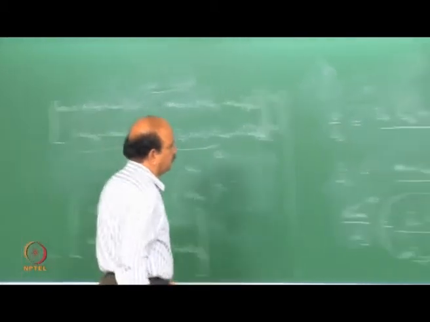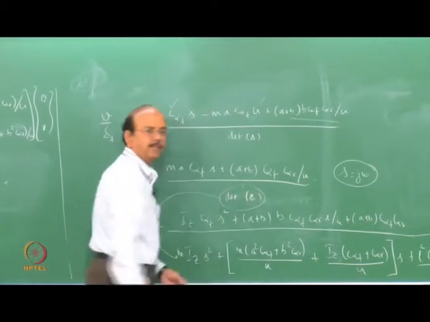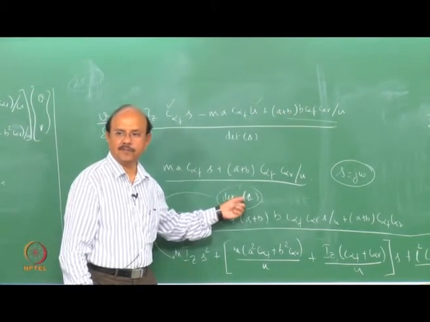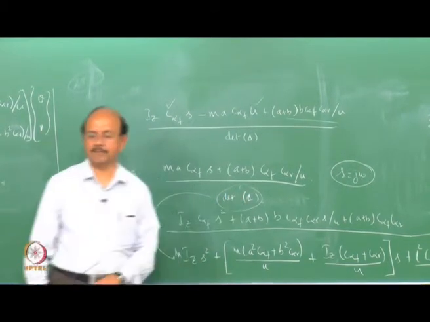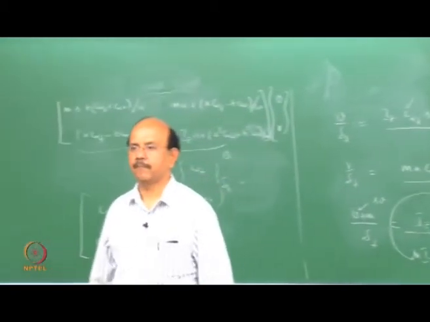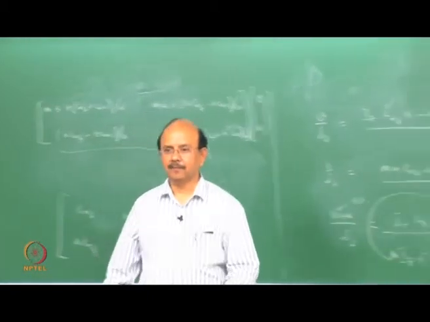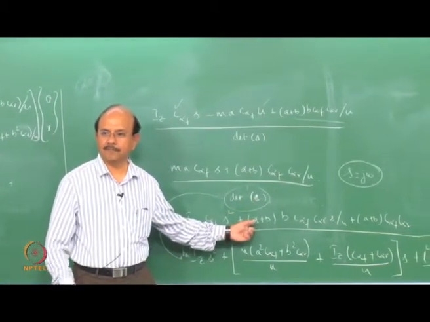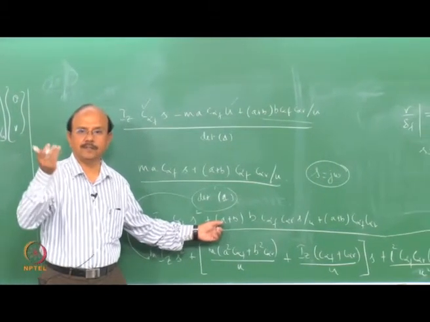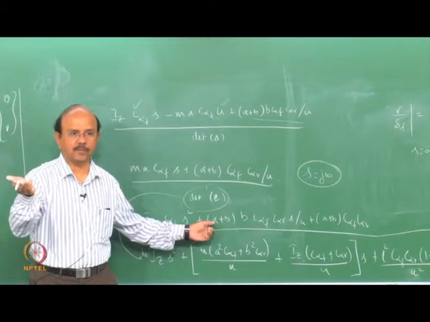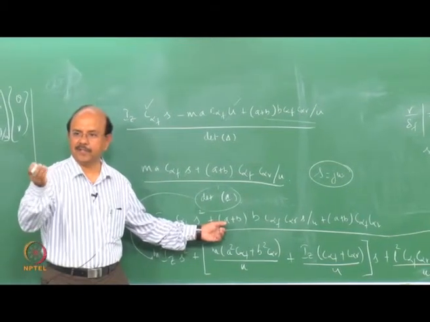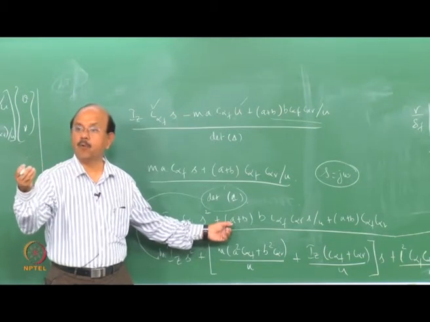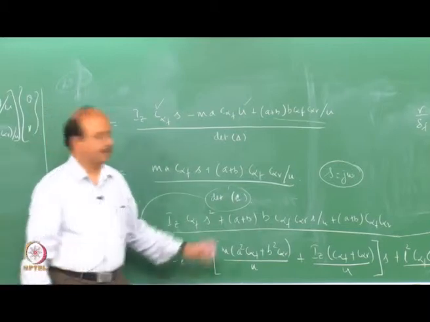One of the things that you learnt in your earlier classes is the importance of this denominator. We'll get back to the equations in a minute. Remember that this is the characteristic polynomial or characteristic equation. You had equated this to 0, and you got what are called poles.